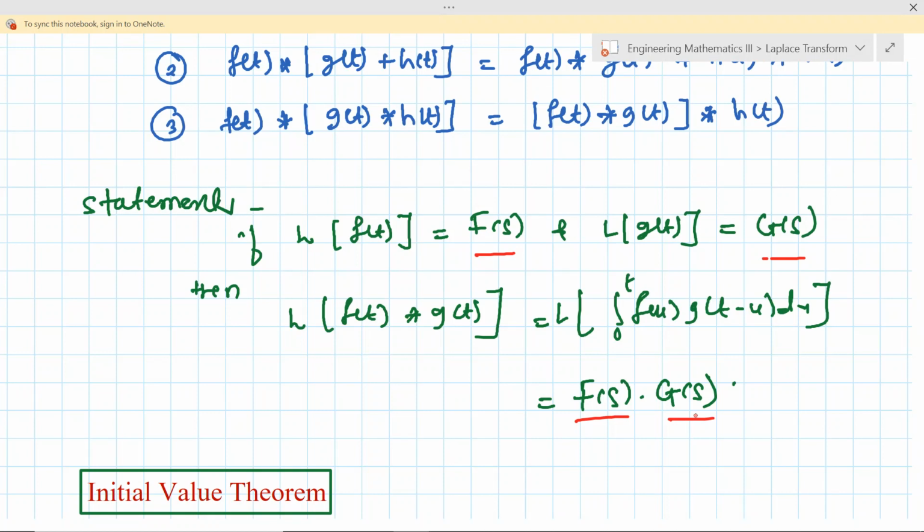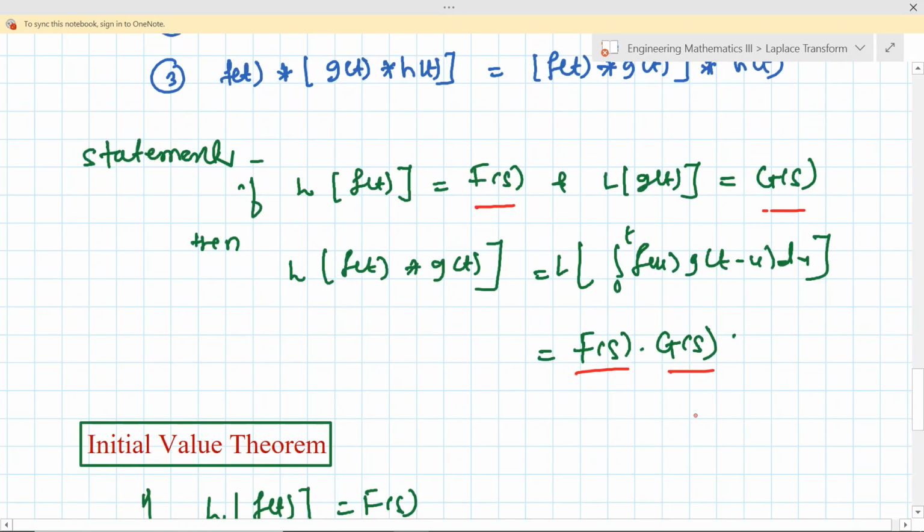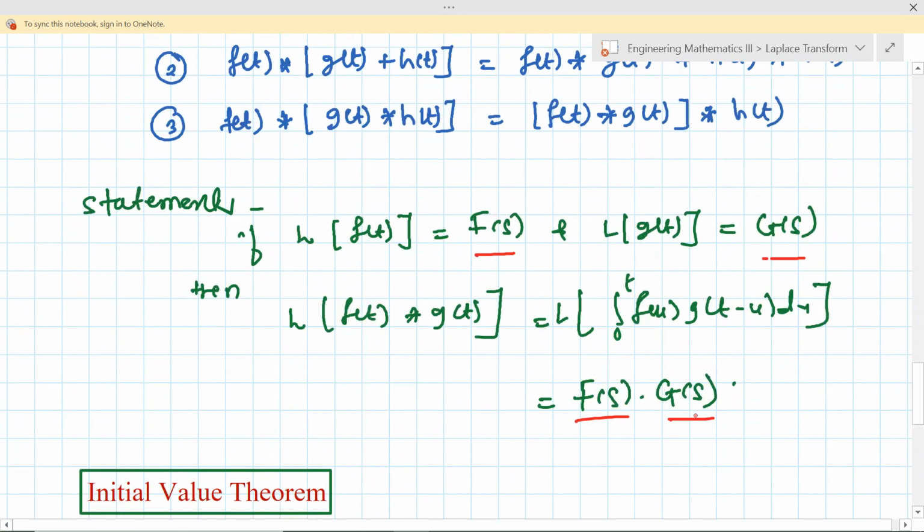Here we need to take only the Laplace of f of t and g of t. So if we want the Laplace of f of t star g of t, just simply take the multiplication of capital F of s and G of s. That's it. This is the convolution theorem.